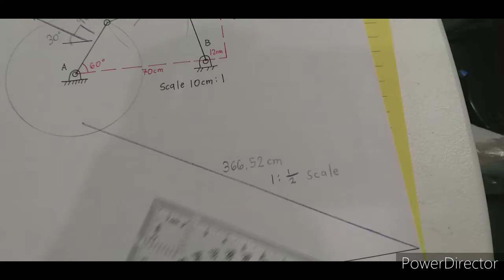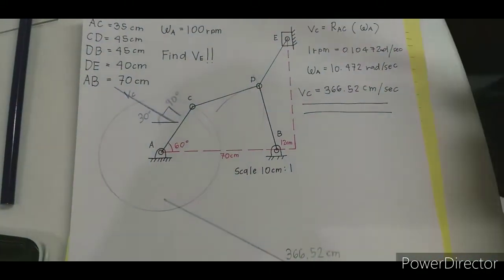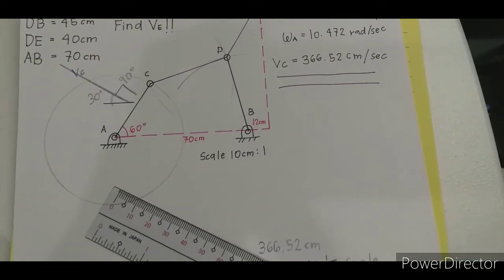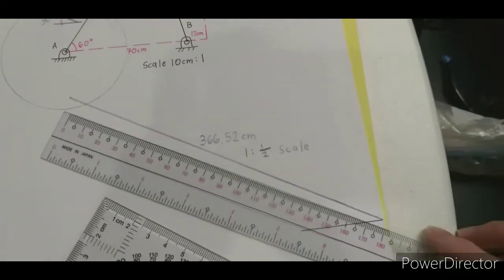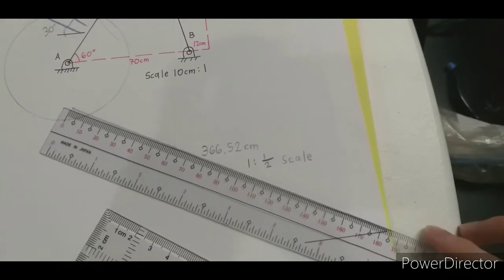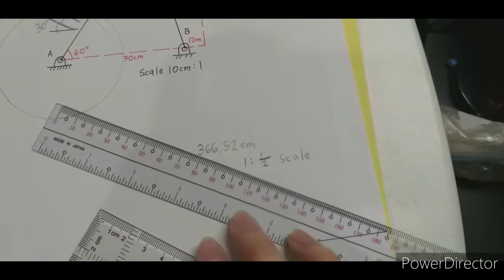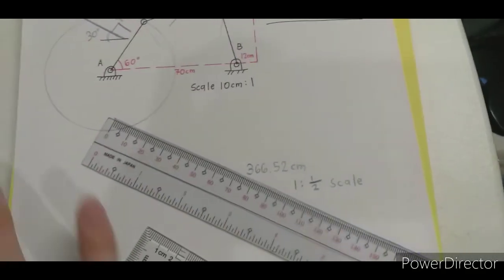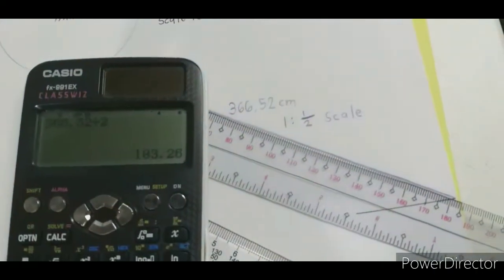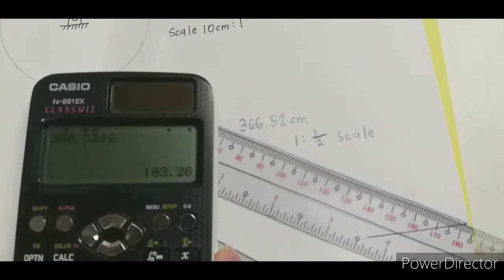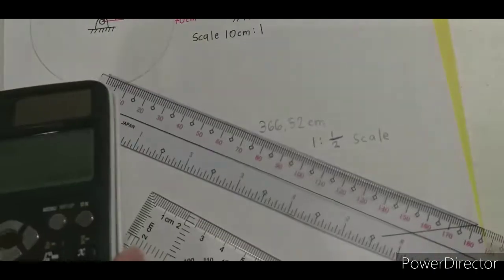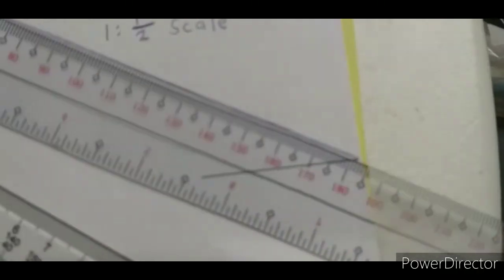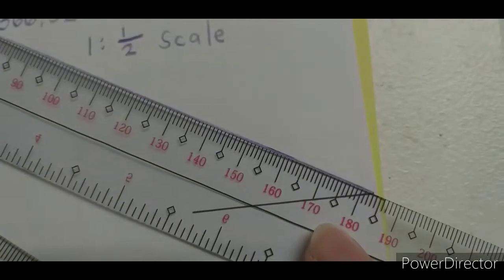We used 1:1/2 scale to be more accurate, because if we were to use the 10:1, then it would be highly inaccurate. And what we got from our calculator, dividing it by 2, is 183.26 centimeters. And that's what we have here.